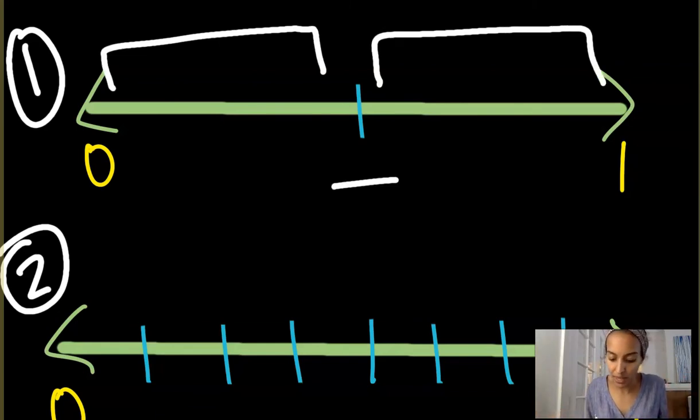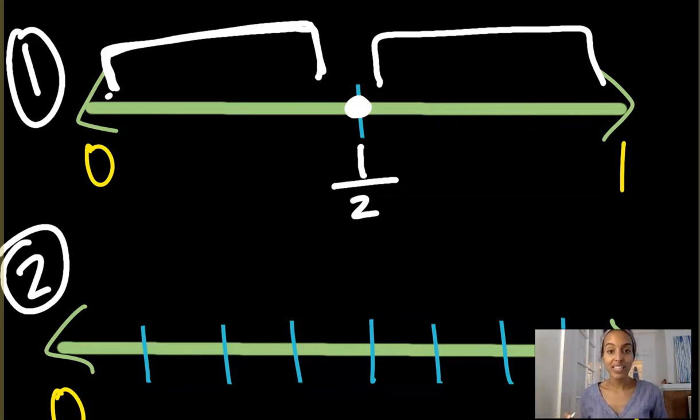My denominator is going to be 2. I know that this point represents the first part, 1. So my point is 1/2. And you can see this because 0 to the point is 1/2 of the number line. It's half of it.